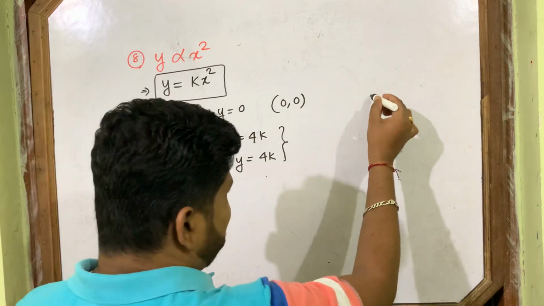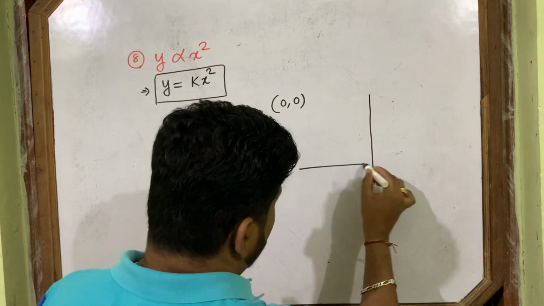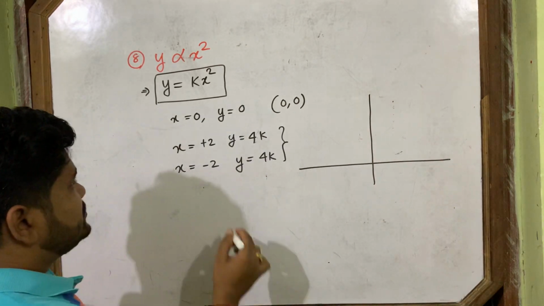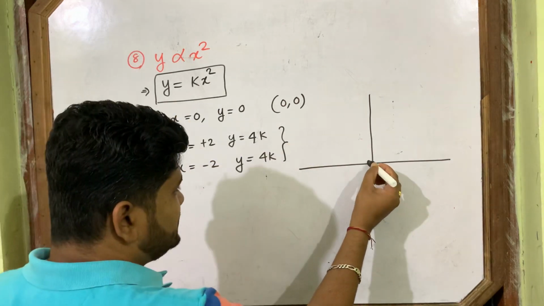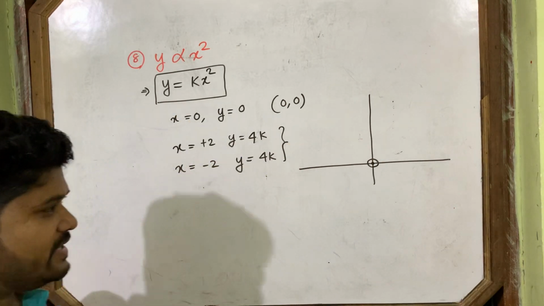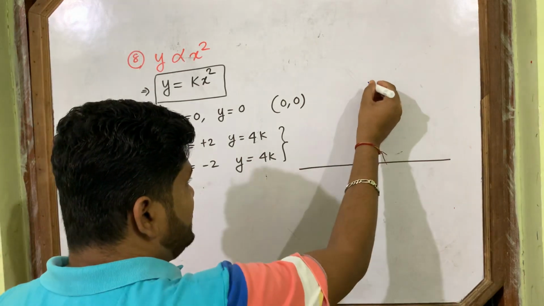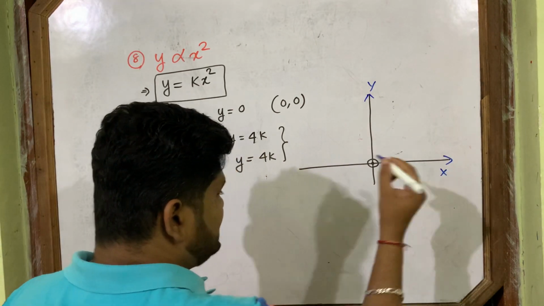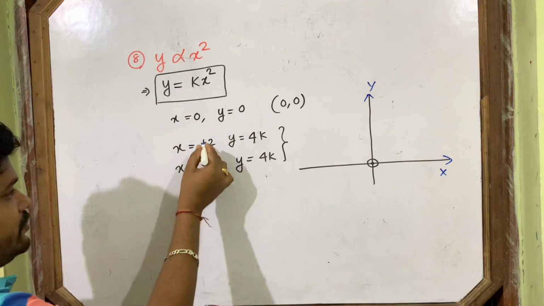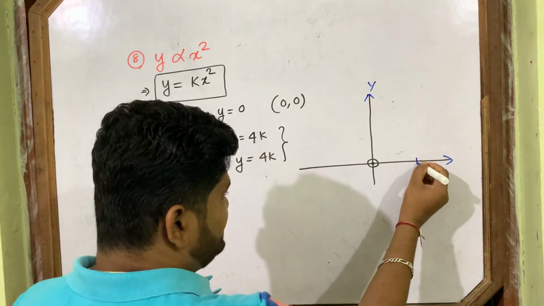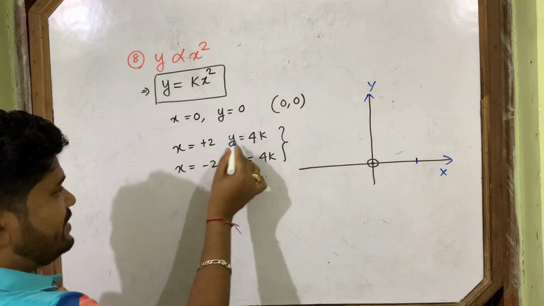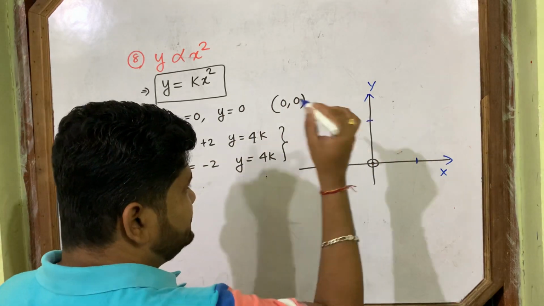If we draw the graph, now you see how I am drawing the graph. So here, graph starts from here. 1 point you get, that is the origin. So this is your y-axis. This is your x-axis. For two values of x, when x is plus 2, y value is 4k.